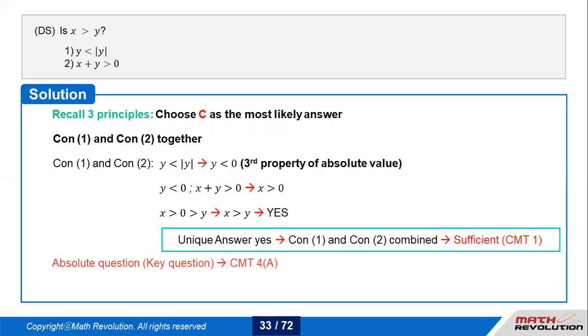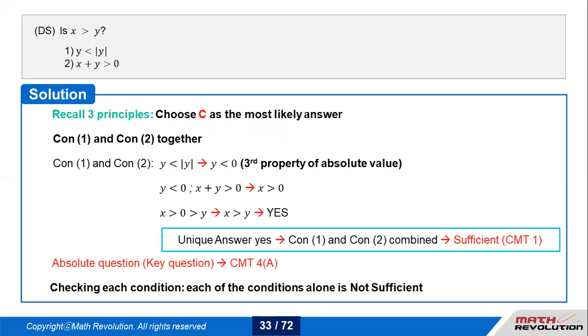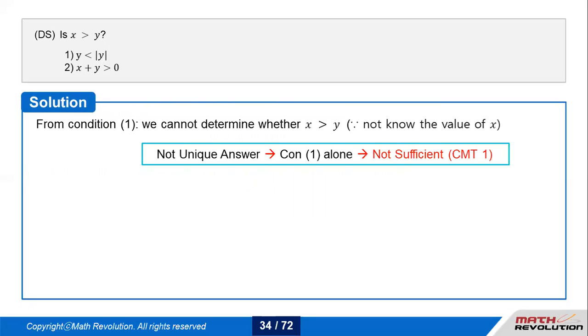But again, the trap is, it's a key question. So we need to check condition number 1 and condition number 2 separately. Condition number 1 says that y is less than modulus of y, but we don't have any relation of that particular y with x. So that is insufficient.